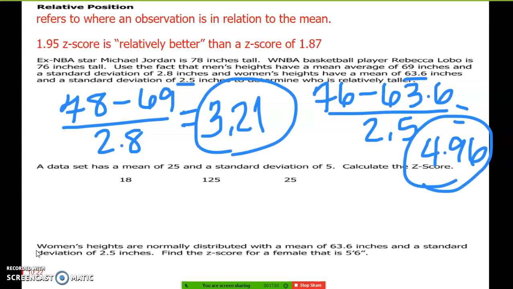Here's Rebecca Lobo's z-score. Because she has a higher z-score, that means she is taller for a woman than Michael Jordan is for a man. Compared to women, Rebecca Lobo is taller than Michael Jordan is compared to men. So this is one case where we can standardize scores and say that Rebecca Lobo is taller than Michael Jordan. It's how we manipulate the statistics.